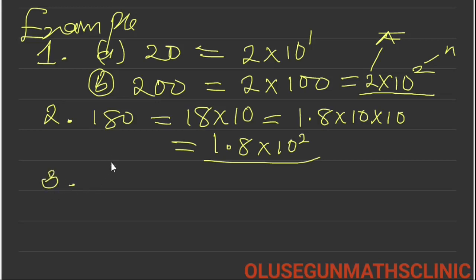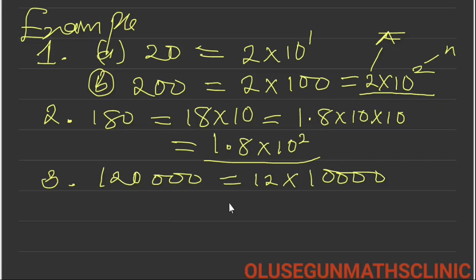Let me explain another part of the example. Let's say in 3, we have 120,000. You can rewrite it as 12 times 10,000. We have 4 zeros: 1, 2, 3, 4. But at the same time, for writing in that form, you can still write it as 1.2 times 10 times 10,000.